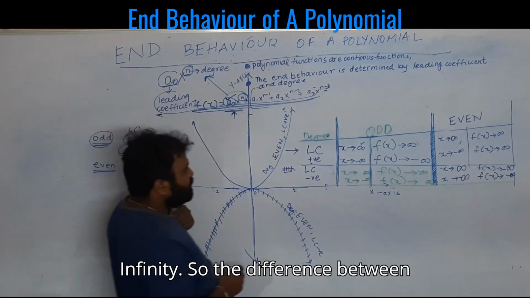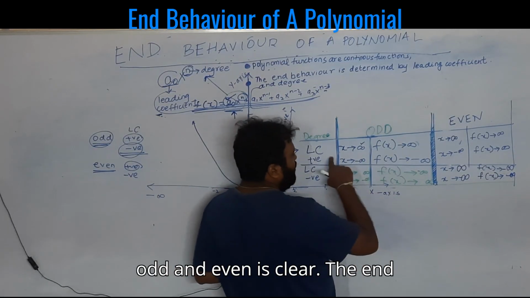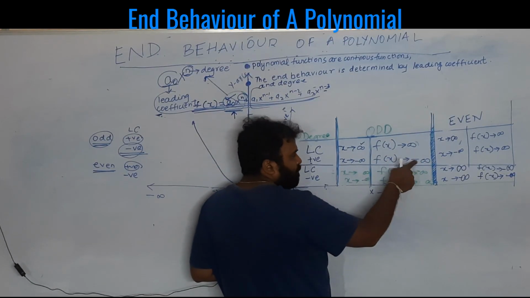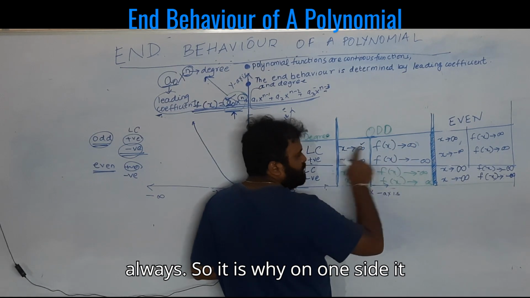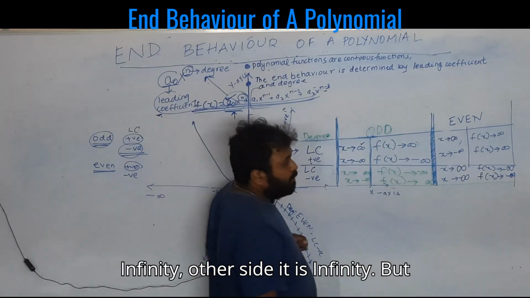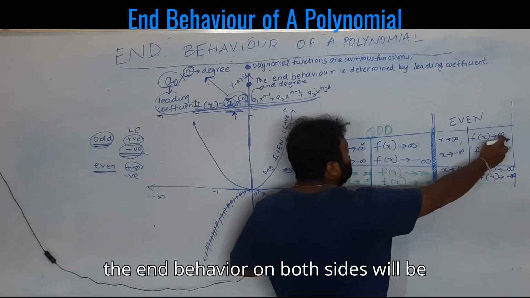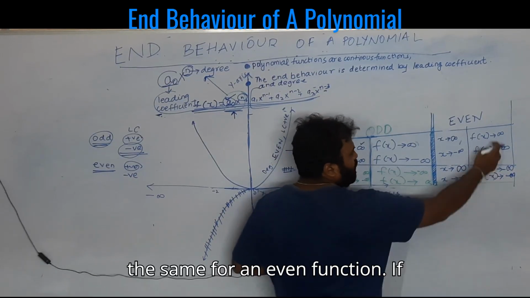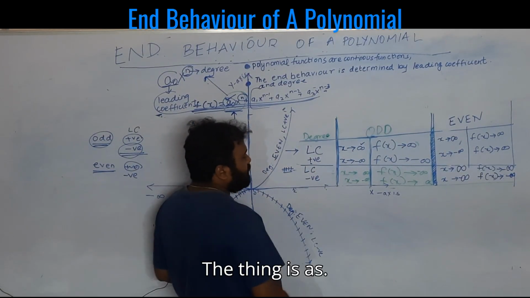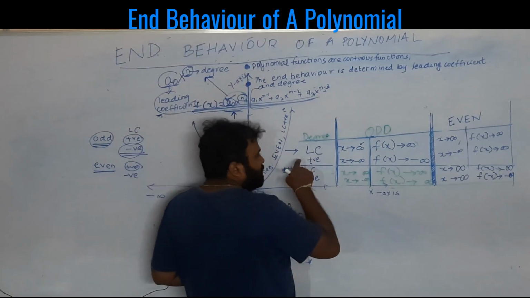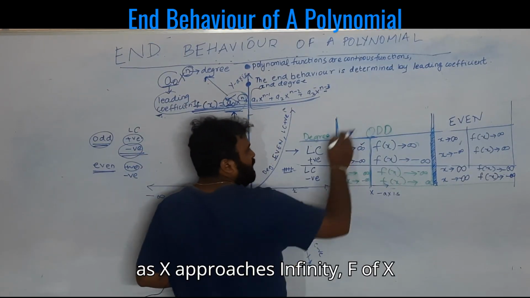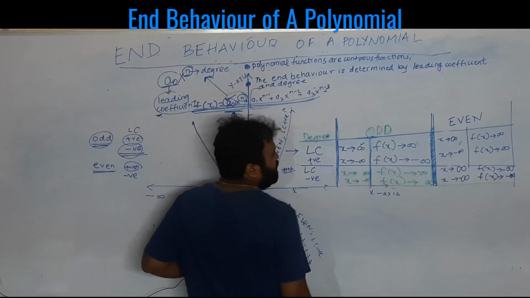So the difference between odd and even is clear. The end behavior of an odd function always alternates: on one side it is infinity, on the other side minus infinity, and vice versa. But the end behavior on both sides will be the same for an even function, either both infinity or both negative infinity. If the leading coefficient is positive, f of x approaches infinity in both cases.